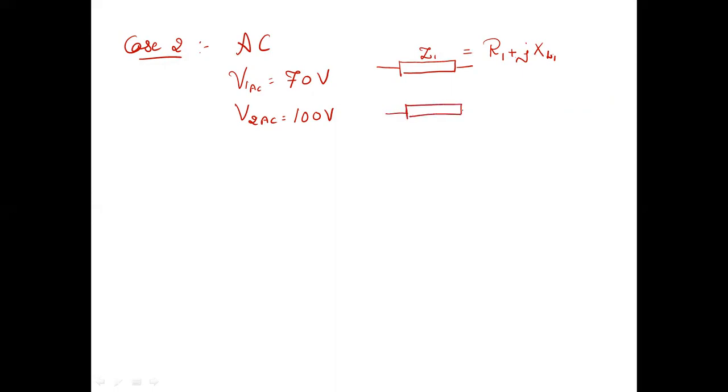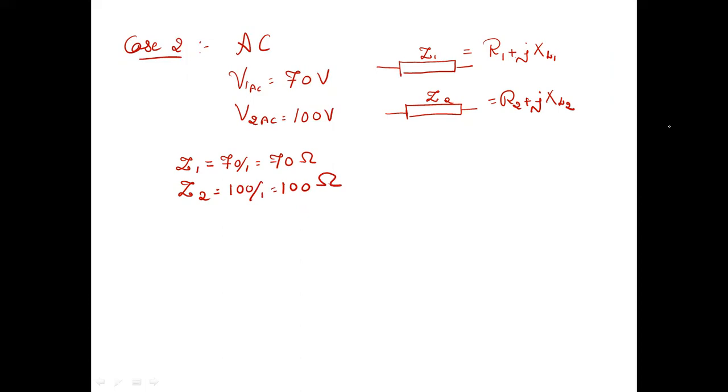Similarly, I will take Z2 as R2 plus jXL2. Now we have to find Z1 and Z2. What is Z1 and Z2? Again, they have given the current as 1 ampere itself. So we will get 70 by 1, 70 ohm for Z1. Z2 will be 100 ohm.